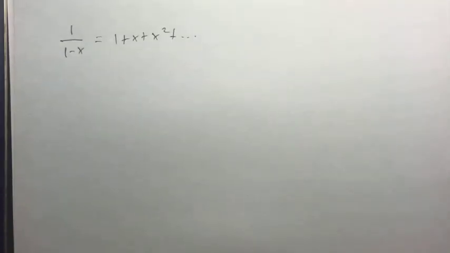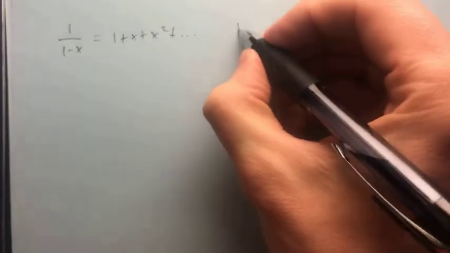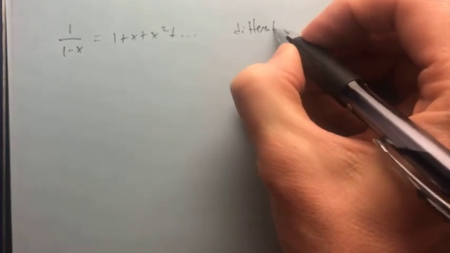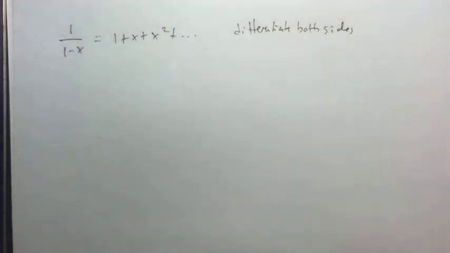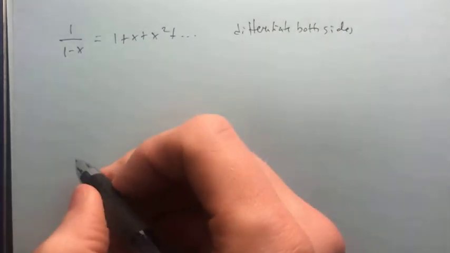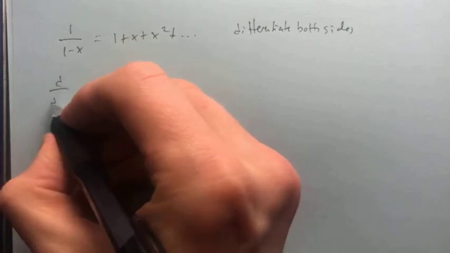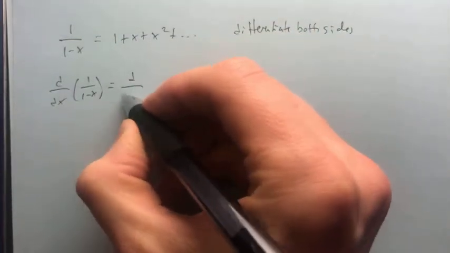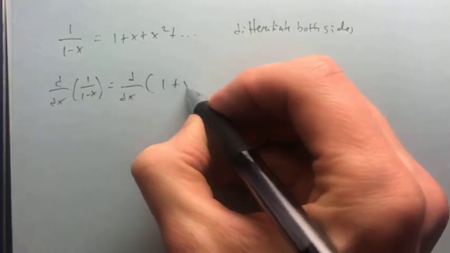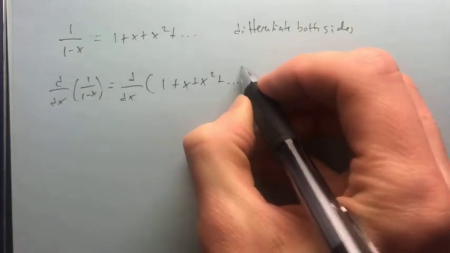Let's take this and differentiate both sides. So if I differentiate both sides, I'm going to have d dx of 1 over 1 minus x equals d dx of 1 plus x plus x squared plus dot dot dot.